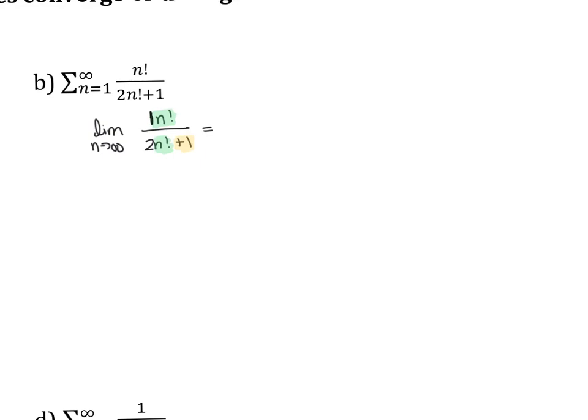So as n goes to infinity, and that plus 1 that I highlighted in yellow becomes insignificant, I know that each term is going to approach 1/2, which is just going to be those coefficients of the n factorial. Therefore, the series will diverge by the nth term test.